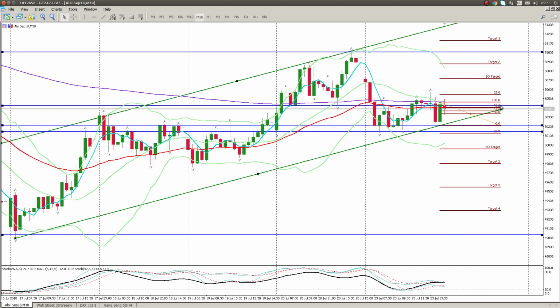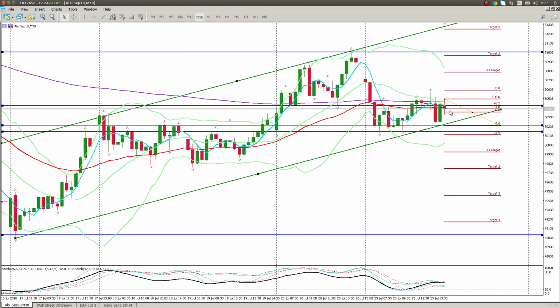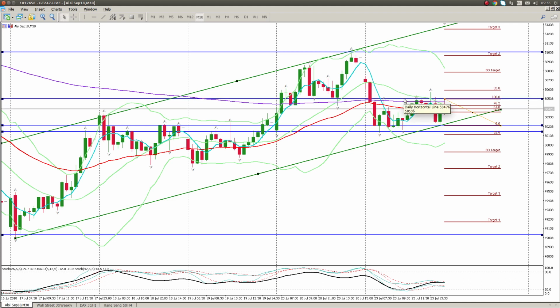A break above this level here, 50,536, the equivalent 50,540, will basically activate this closing range break, and that would give us your targets.